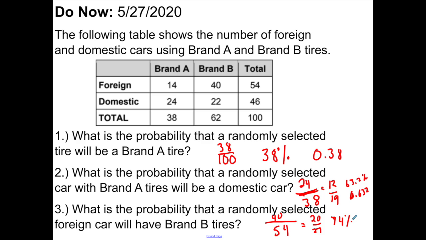If you compare it to average, on average foreign cars make up 54% of the total cars, but if you look at the total amount of brand B tires, foreign cars make up about 2/3 of them. There are lots of ways you can look at this, but the idea we want to think about is event space and sample space.